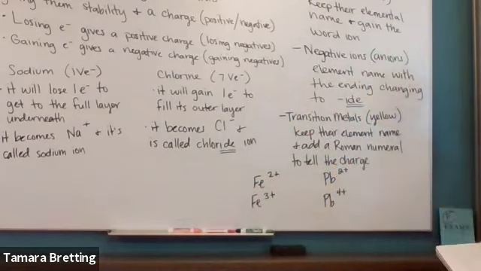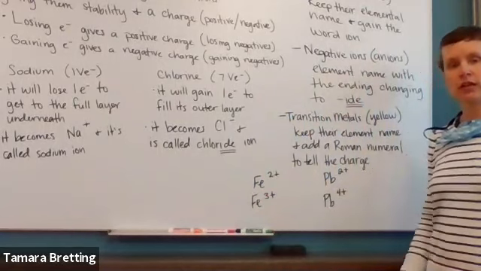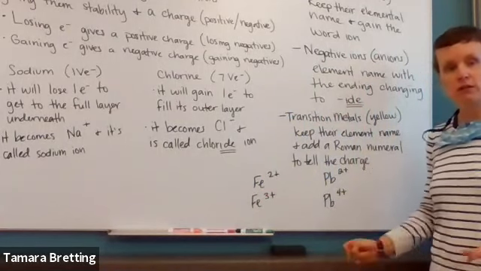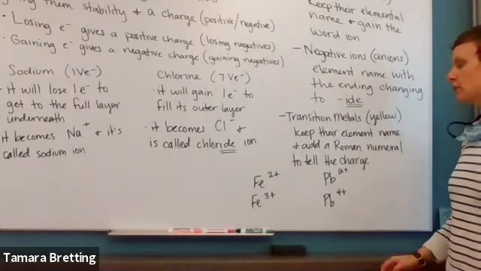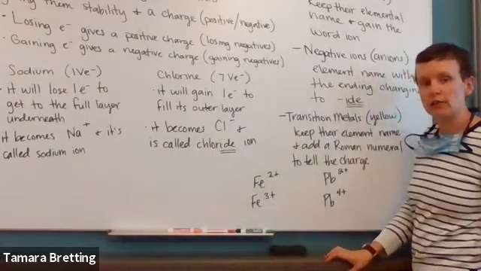All of these ions actually exist. And if we look at the periodic table, Fe is iron, but I can't call both of these iron because they're different things. They have different properties. They're going to have different colors for their compounds. They're very different things. So we have to distinguish between one that's a 2+ and one that's a 3+.